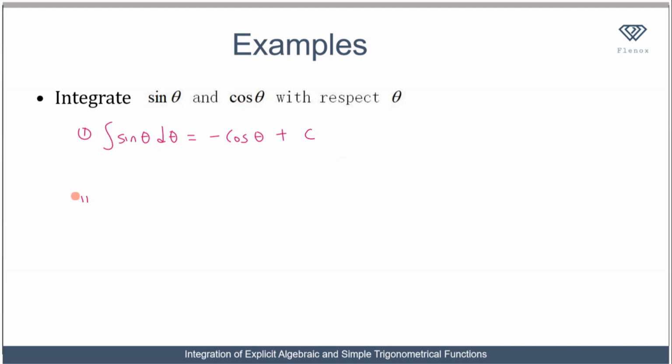The second one, we are told to integrate cos theta with respect to theta. The integral of cos theta, as I've explained, is sine theta, then plus my constant of integration.